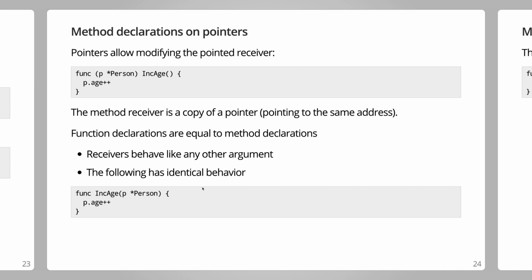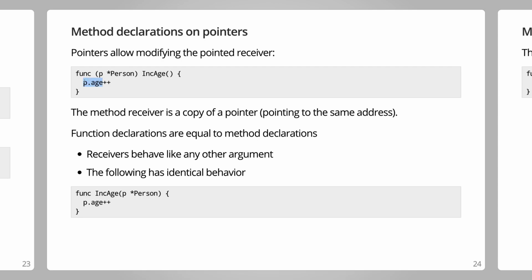So these method declarations can also use pointers. Here, the receiver on the person type is actually a pointer to the person type. What we're aiming to do here is to increment the age of the person, so we're calling the ++ operator to increment by 1 on the person's age field.